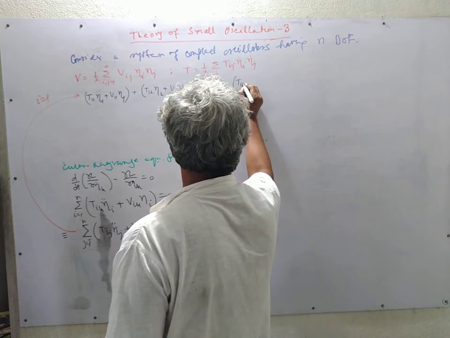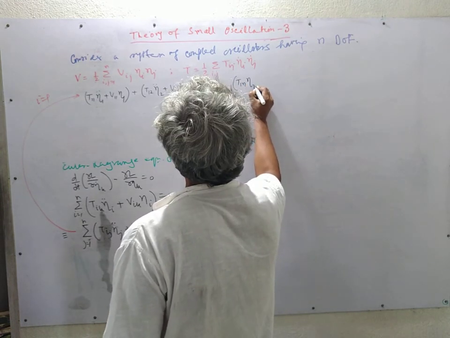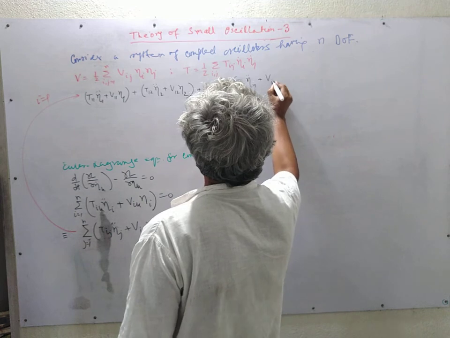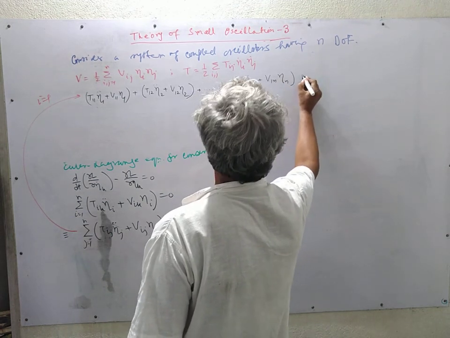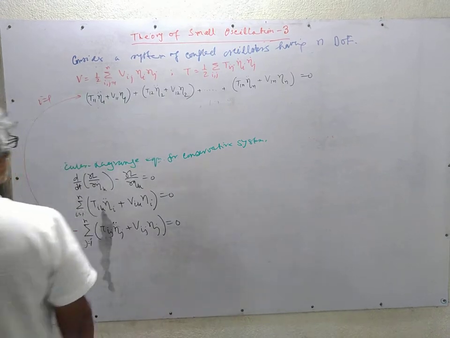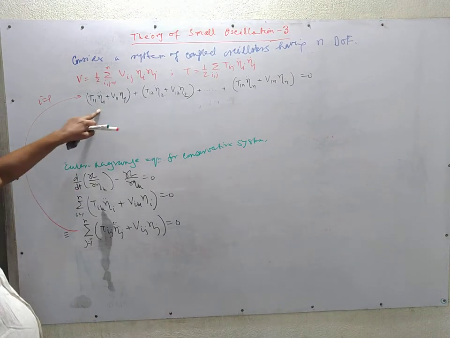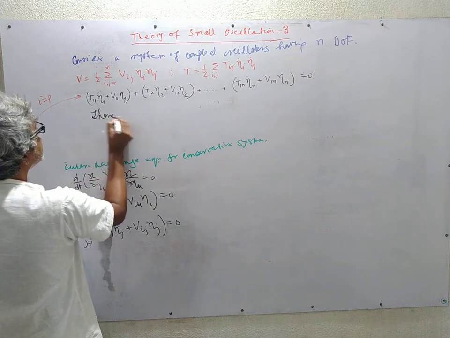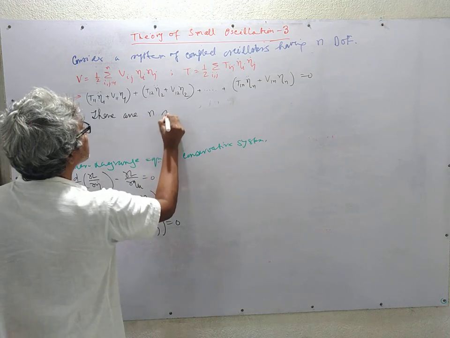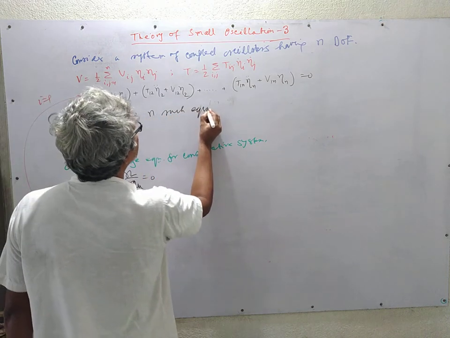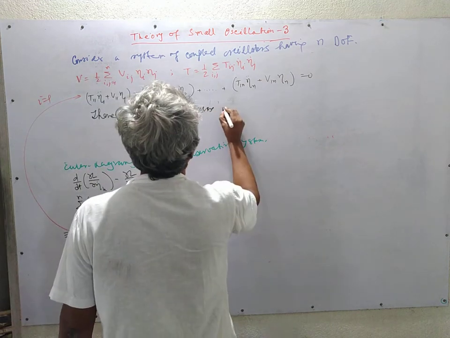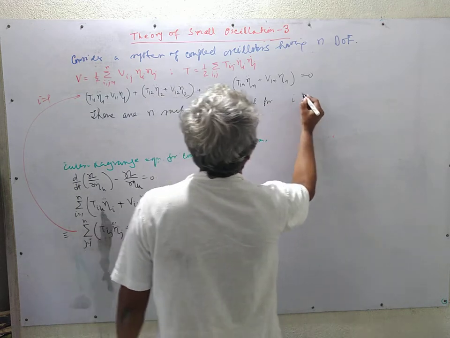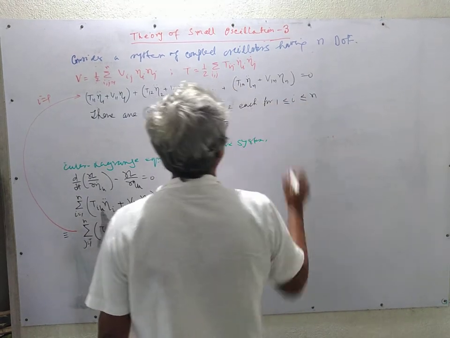Ultimately we get T_1n η_n double dot, this is n, not eta, plus V_1n η_n is equal to 0. This is for i equal to 1. For i equal to 2, we will have another equation. So there are n such equations, one each for i in the range 1 to n.